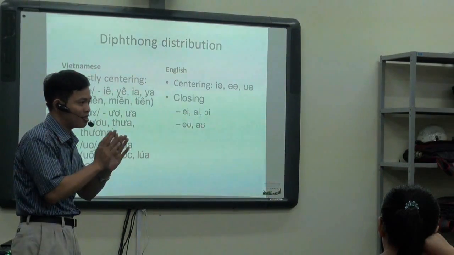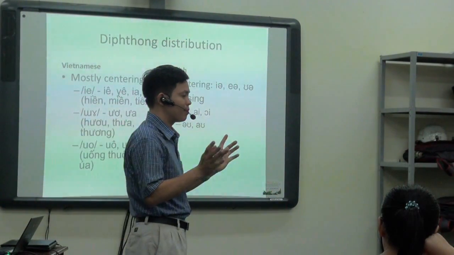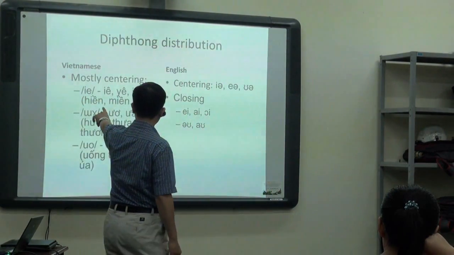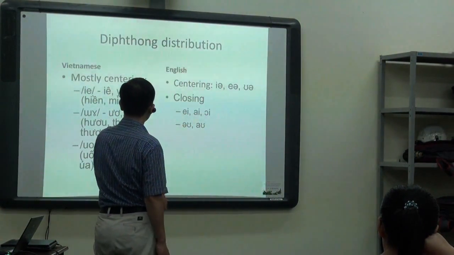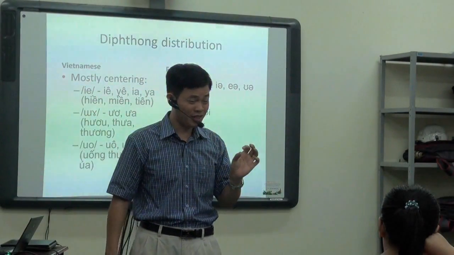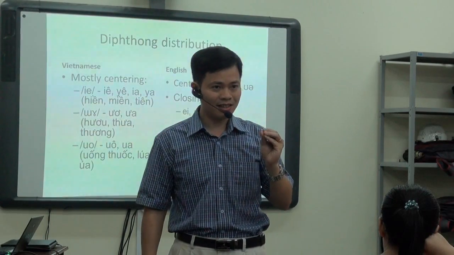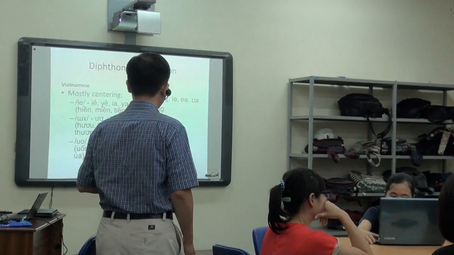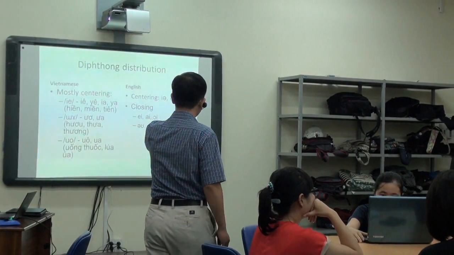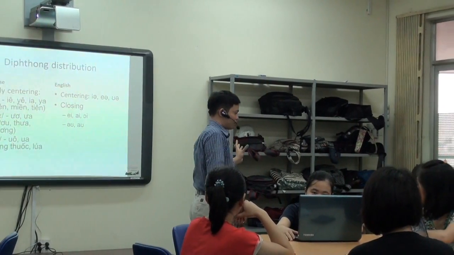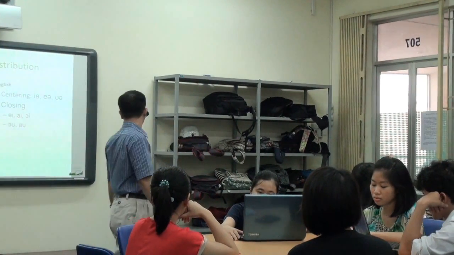I mean in the center of the syllable. Now you can look at these cases of ye, and bull. They are distributed at the center of the syllable, while in English, most of the time, diphthong can be either at the centering position or closing at the final position, right?